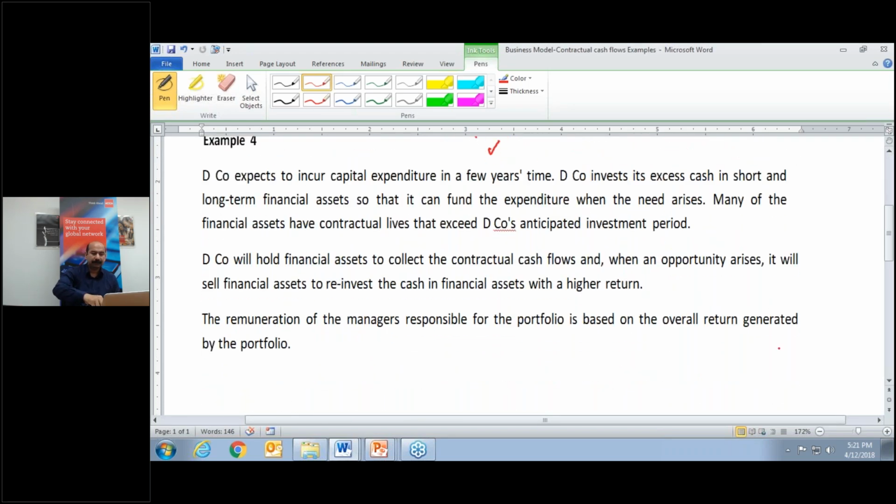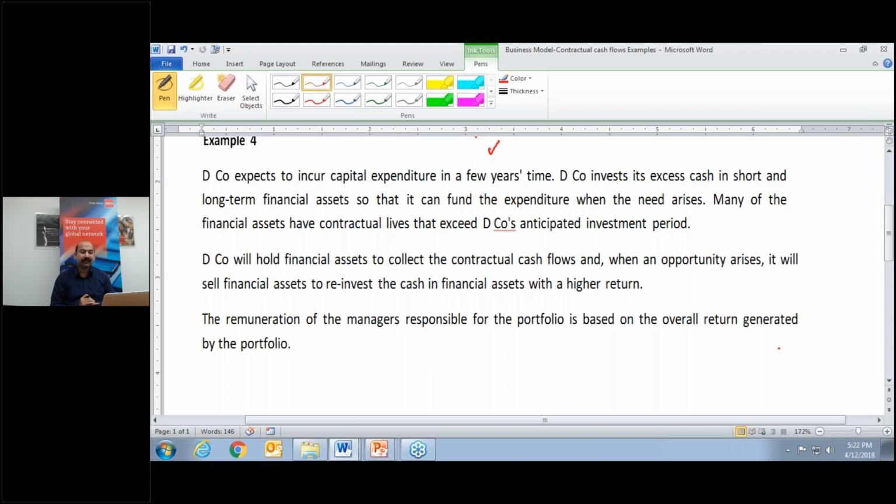See, D company expects to incur capital expenditure in a few years' time. D company invests its excess cash in short and long-term financial assets so that it can fund the expenditure when the need arises.